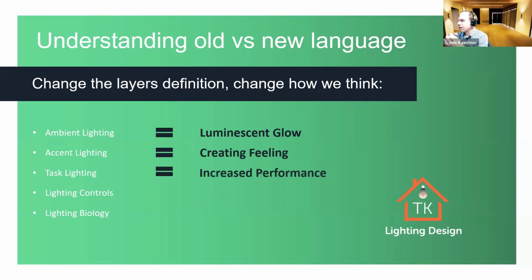Task lighting, increased performance. I don't know how many times I sit at my desk and I try to stare at something, I can't read it, or go in my kitchen and try to read the tiny prescription or ingredients, I can't see it.